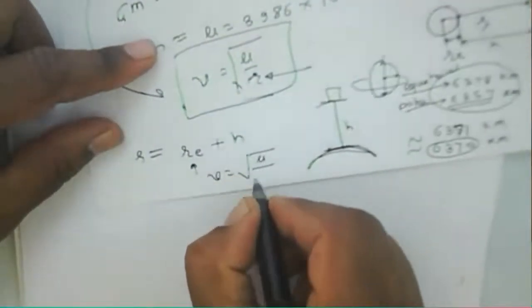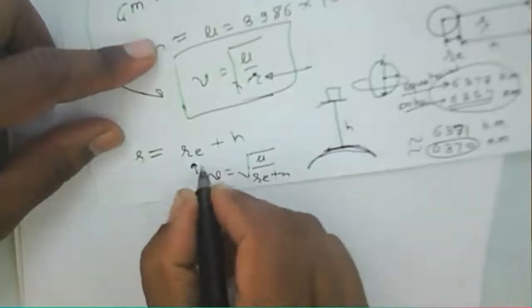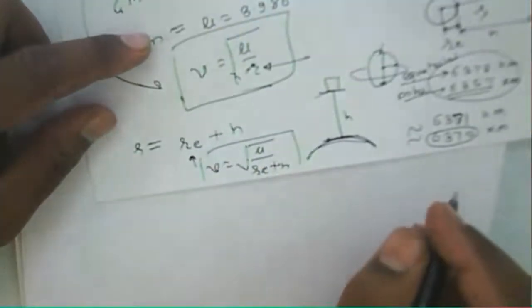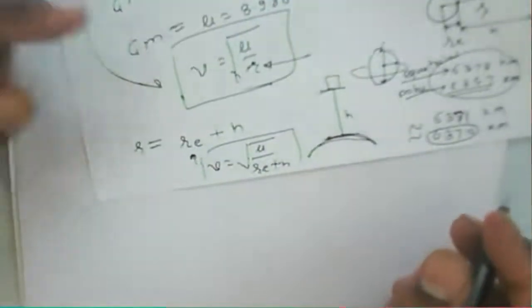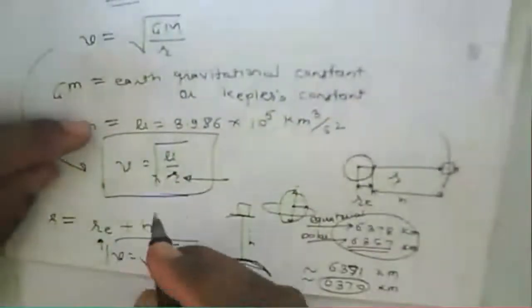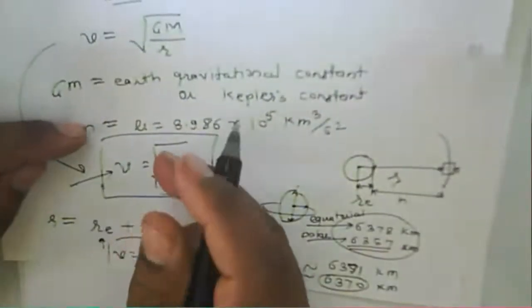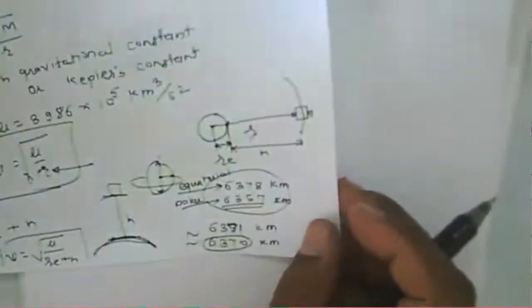We can rewrite the velocity equation in terms of earth radius and altitude of the satellite. Always remember this equation for the velocity. We have seen Kepler's first law earlier, and based on that we obtained this equation of velocity.